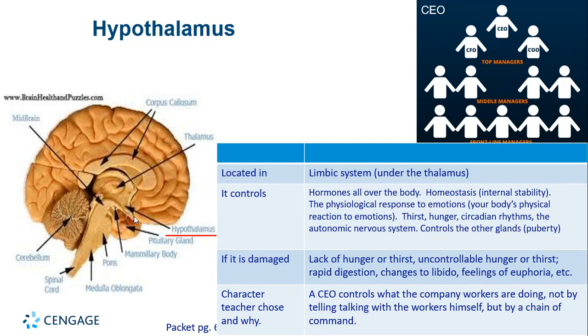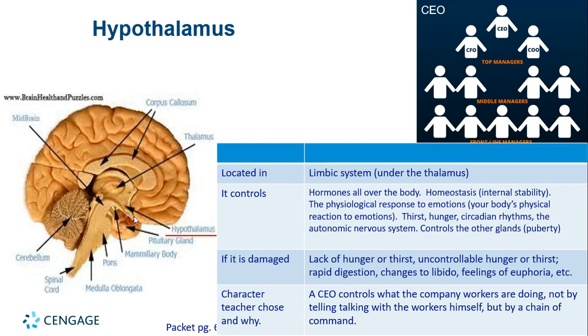Now, my character here for the hypothalamus is like a CEO. If a CEO wants the workers to do something, it doesn't go find every worker in the company and tell them what to do. It sends a signal down. So the CEO might tell the CFO or the COO, and then those executive managers will tell the middle managers, and the middle managers will tell the frontline managers what to do, and the frontline managers will tell the workers what to do.